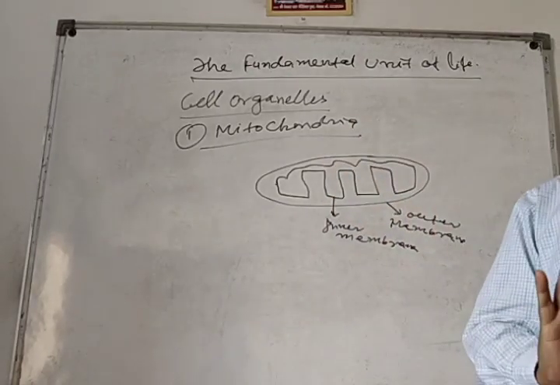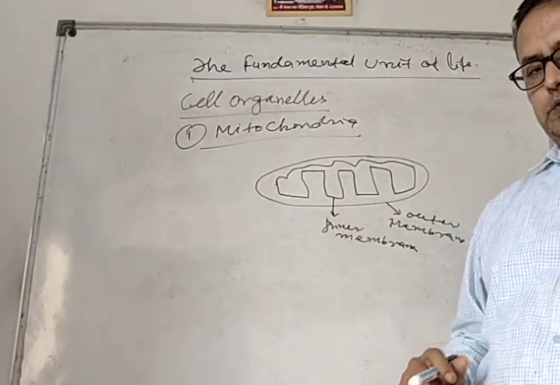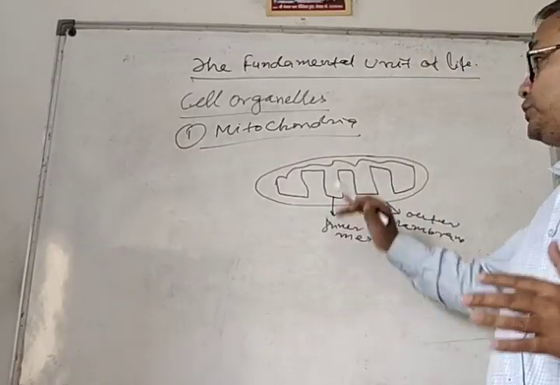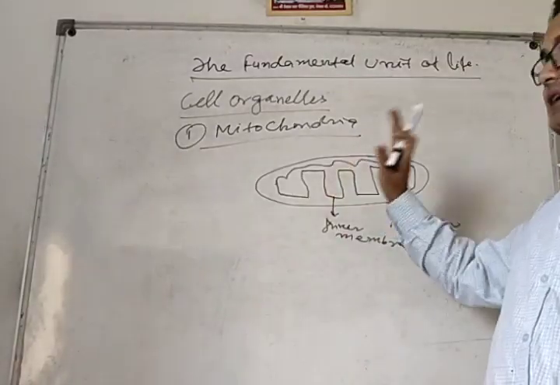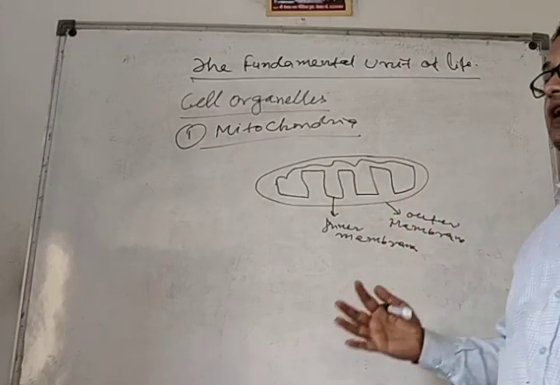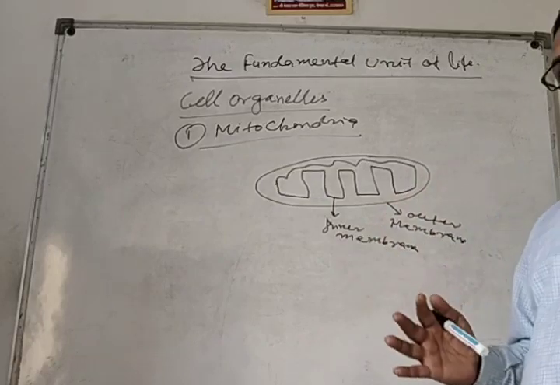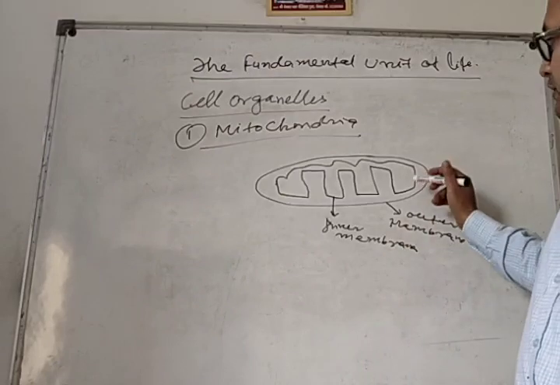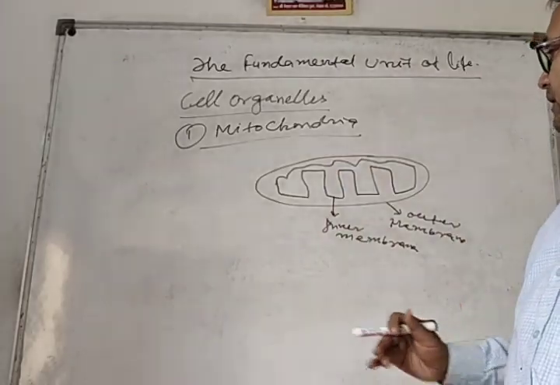During respiration, oxidation of glucose releases energy, and that energy is stored in the form of ATP, and that energy is utilized for the formation of new substances, and also provides energy to the cells and to the living organism. So it is known as the powerhouse of the cell.